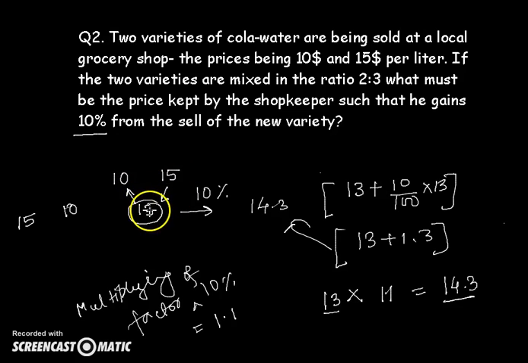So 15 minus 13 will be 2 and 13 minus 10 will be 3. Suppose you would have taken 15 and 10 and 13 here and subtracted in this fashion, you would have got 10 minus 13 as minus 3 and 13 minus 15 would have been minus 2. Still the ratio would have been the same, 2 is to 3, just like this one.